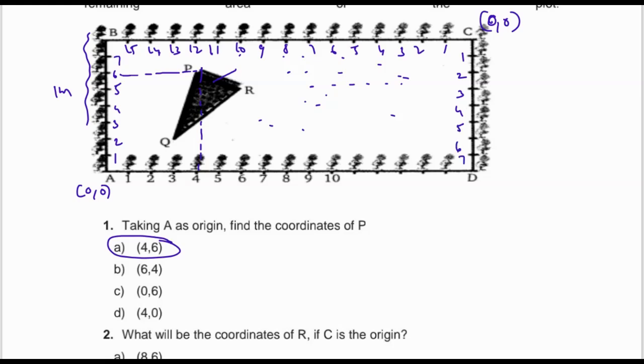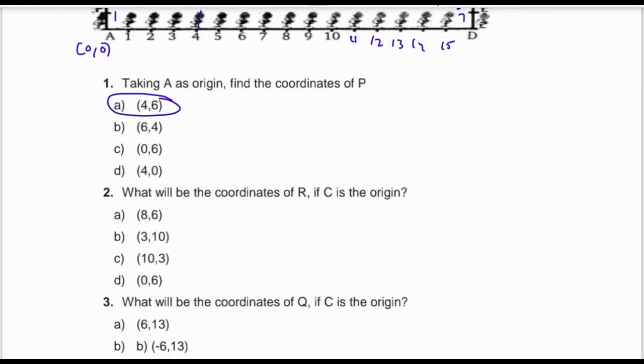Now we have to find the coordinate of R from C as origin. R is on 10, so X is 10 and Y is on 3. So R will be 10 comma 3.